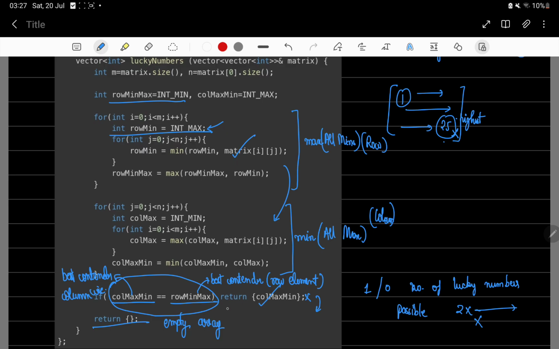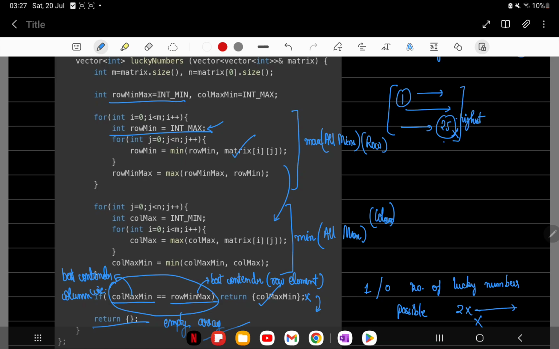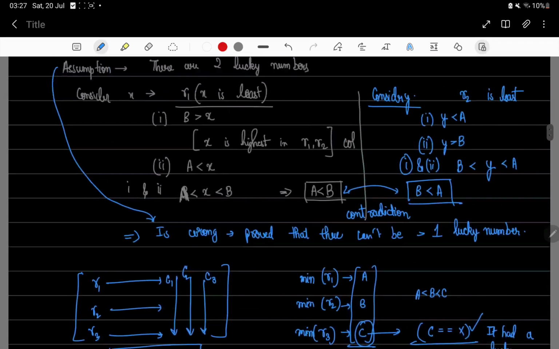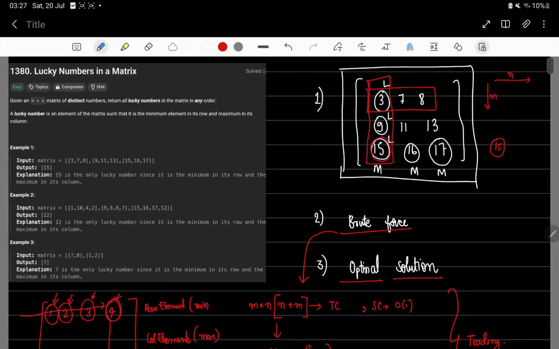Now if these are the best contenders, and they are not equal, then we can just say that it is an empty array. So yeah, that's about it about the discussion. Hope I remember this for a long time.